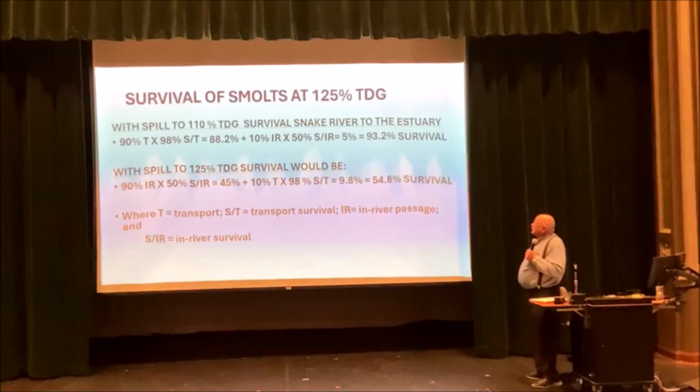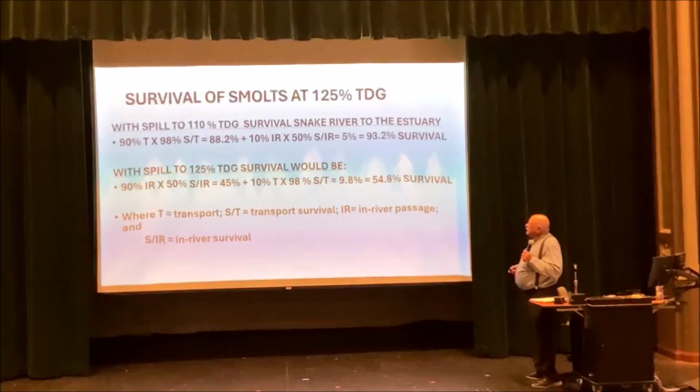So let's look at what happens with smolts at 125%. Fred talked about that. I just put it in a little different perspective. Let's say that you're still at 110% in the Snake River. What's the survival to the estuary?